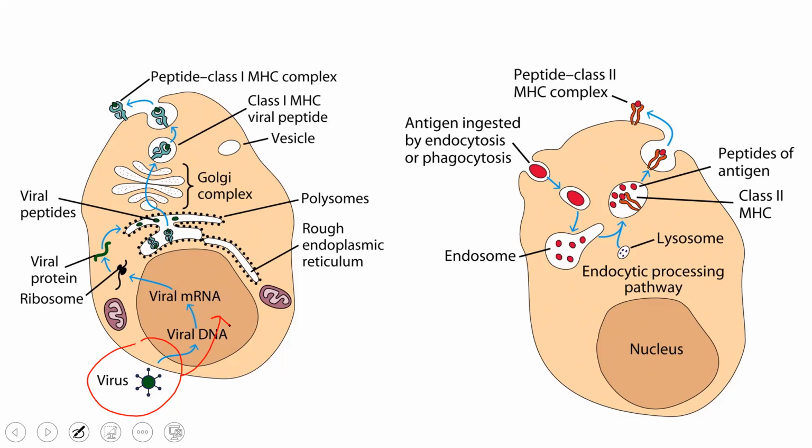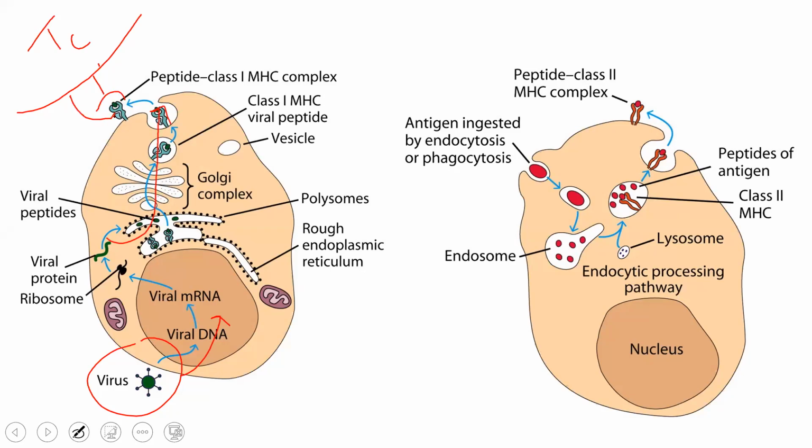The viral proteins are not normal proteins of the body. They are aberrant proteins. These aberrant proteins are then expressed on the cell surface by the MHC class 1 molecule. The main reason is that a T cytotoxic cell will see them, will bind with their TCR to this MHC class 1.